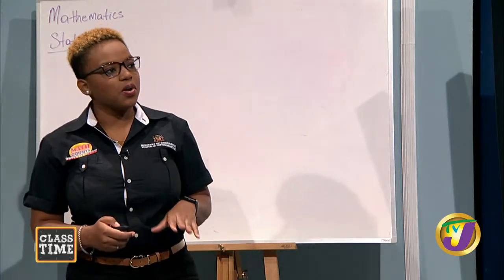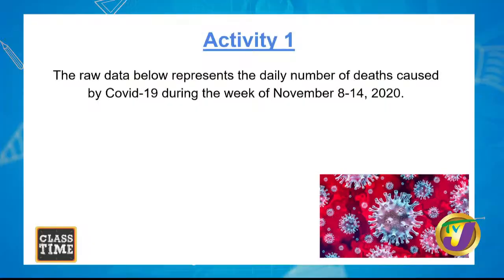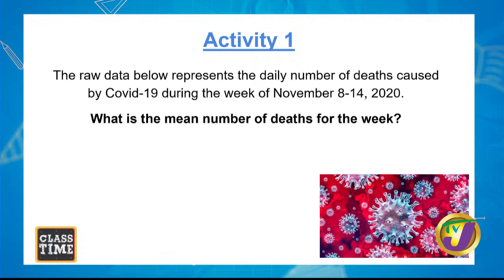All right. Here's an activity. So we have some raw data below, and this represents the number of deaths caused by coronavirus, COVID-19, during the week of November 8 to 14, 2020. And Tyrone, I want you to help the viewers to find out what is the mean number of deaths for the week November 8 to 14.